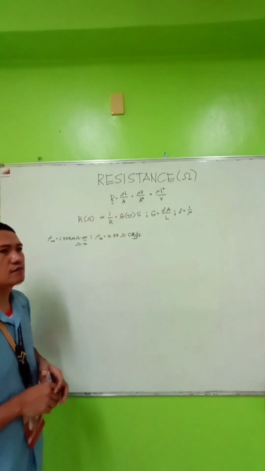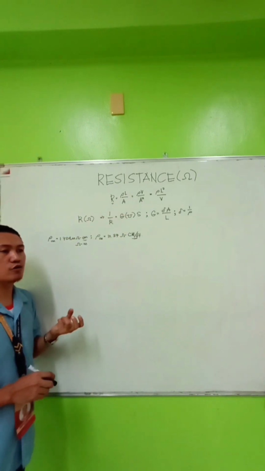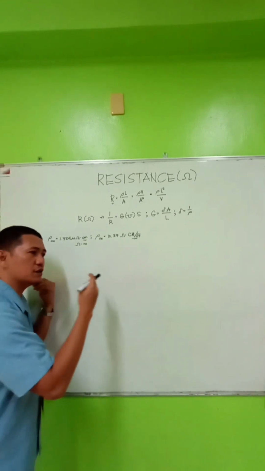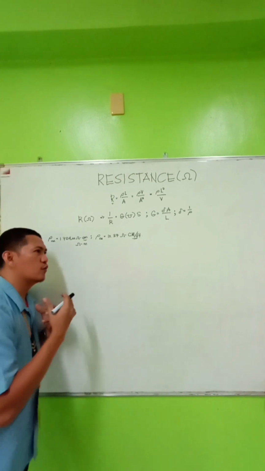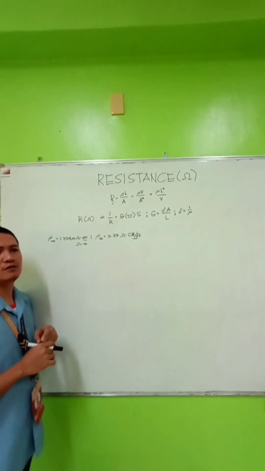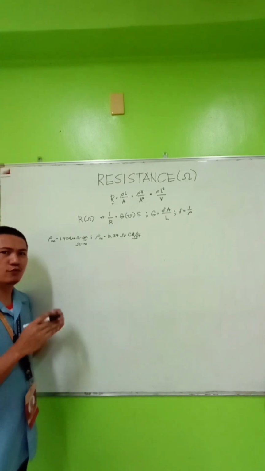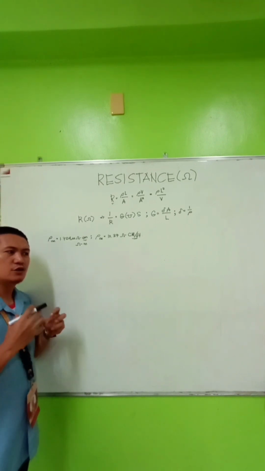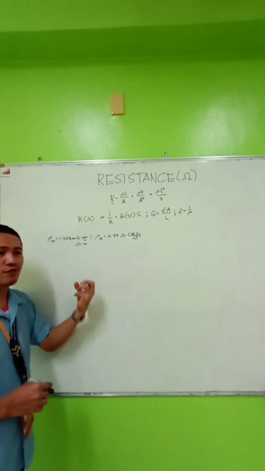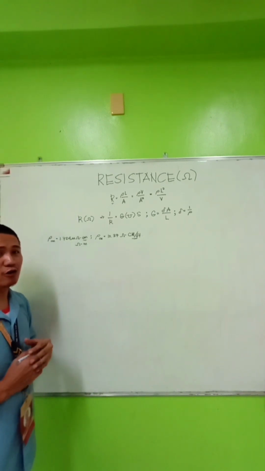Your length can be an indicator of what type of material you are dealing with. For example, if you have too much length, example 300, 400, 500 feet length, that length is too much for a specific bus bar. So you can assume that with that length, the problem is specifying that it is a conductor.